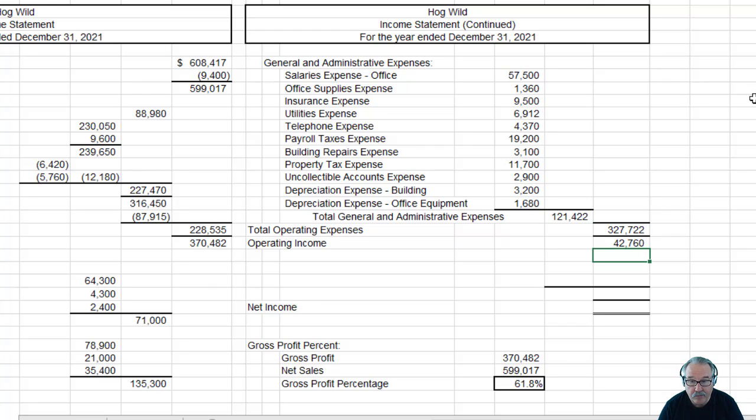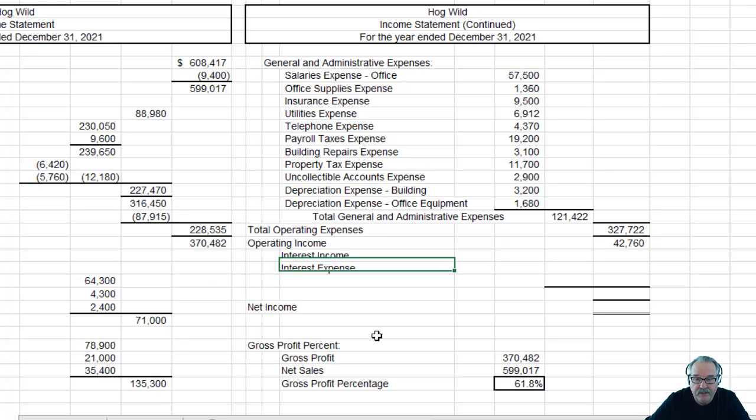Then we have some other types of things. Typically, we would put interest and taxes down below here. We don't have any tax expense, but we do have some interest income, some interest expense. These are not operating things, so that's why we put them here.